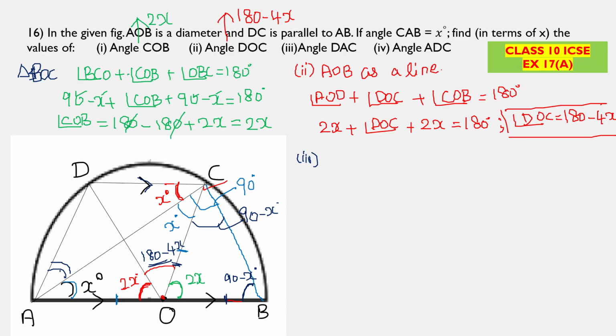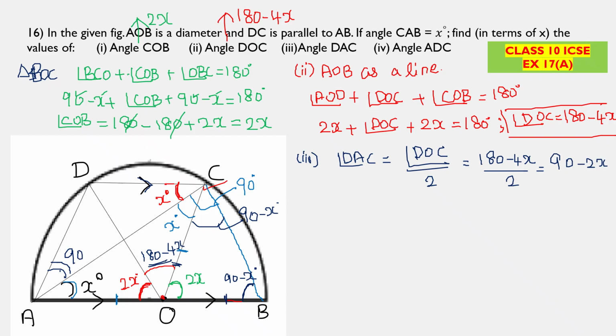So I can write DAC is equivalent to DOC by 2. We already know DOC is 180 minus 4x. If you divide this by 2, we get 90 minus 2x. So this is the value of DAC, the third subdivision.